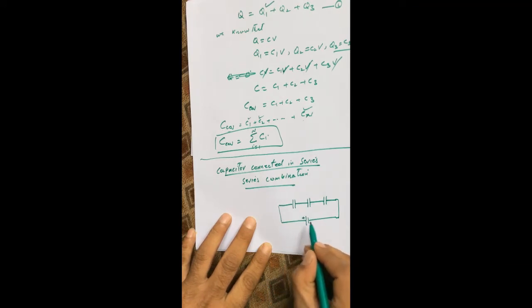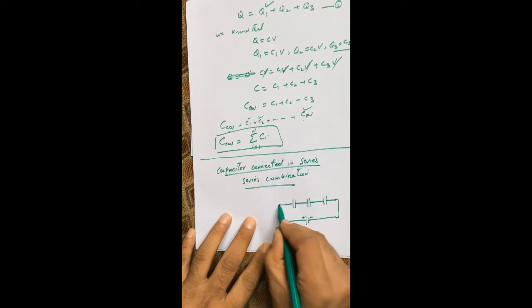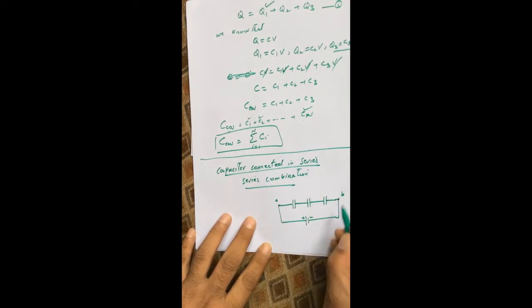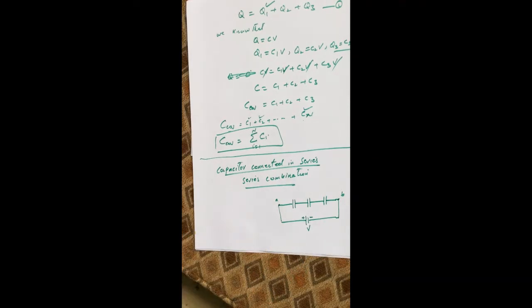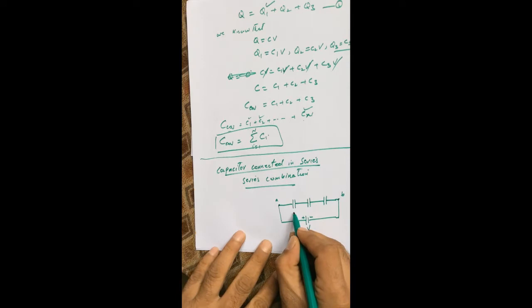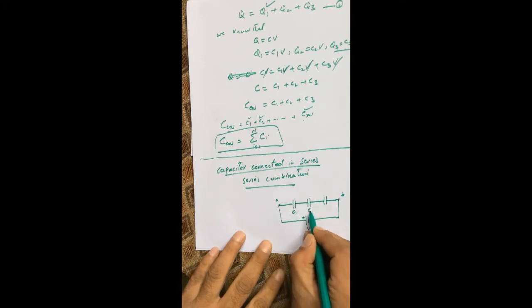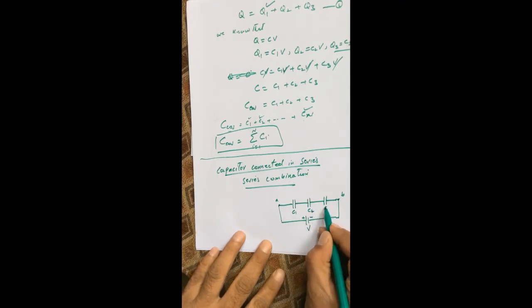So here we have positive and here we have negative charge. This point I call A, this point I call B. The battery has a potential V, this capacitor has capacitance C1, this capacitor has capacitance C2, and this capacitor has a capacitance C3.